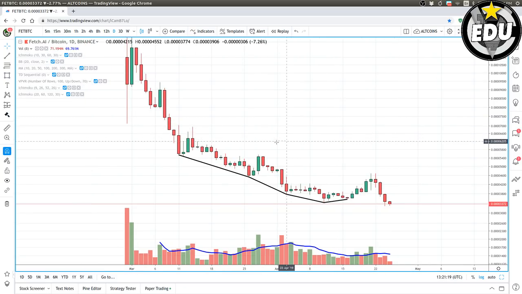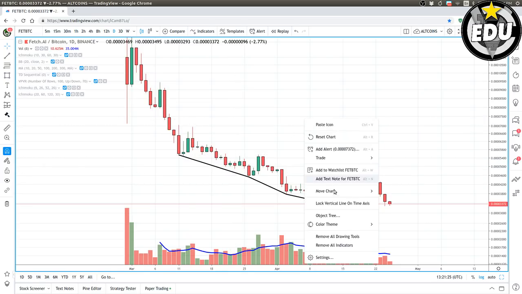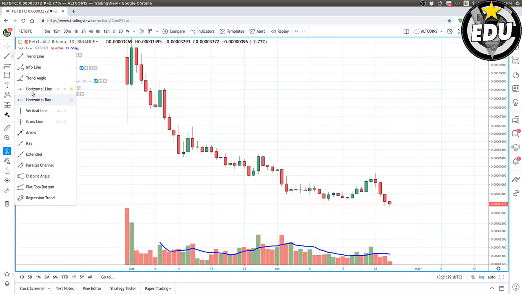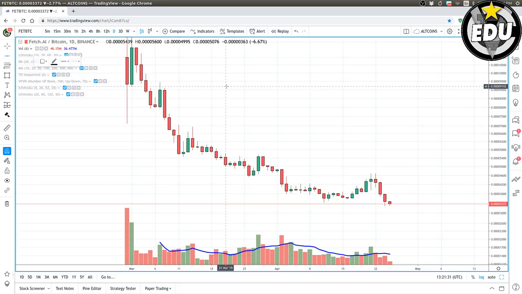First of all, I like to trace my main levels on the higher time frame. So if I'm here, I would trace straight horizontal levels that come from lows and highs pretty much. If I can connect both, that's even better. The trend here was dropping, and then it had a jump up.